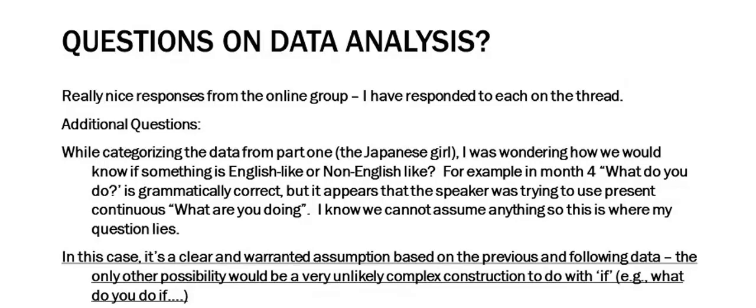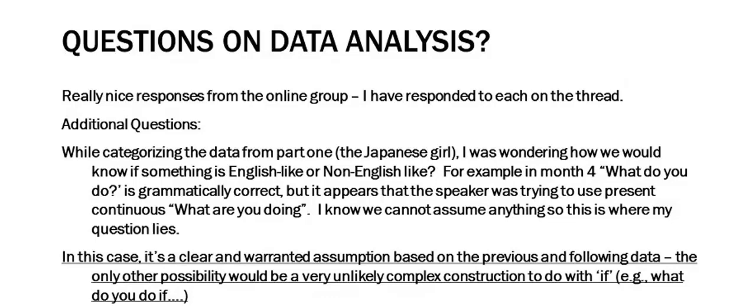For example, in month 4, what do you do is grammatically correct, but it appears that the speaker was trying to use the present continuous, what are you doing? I know we cannot assume anything, so this is where my question lies.